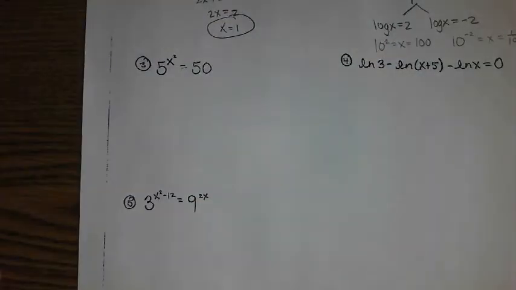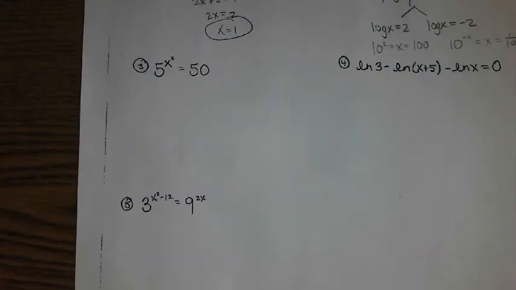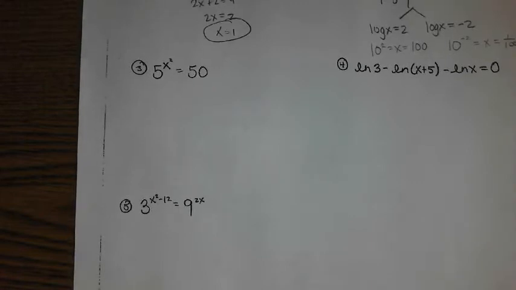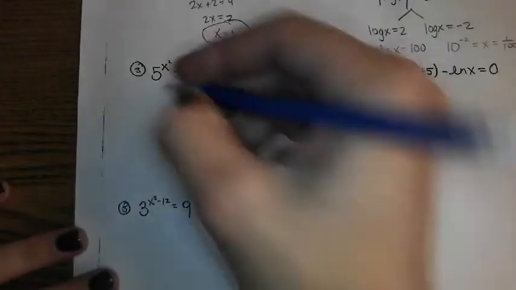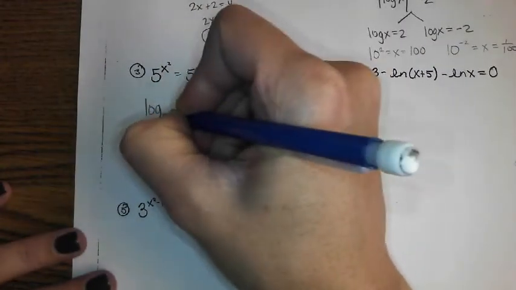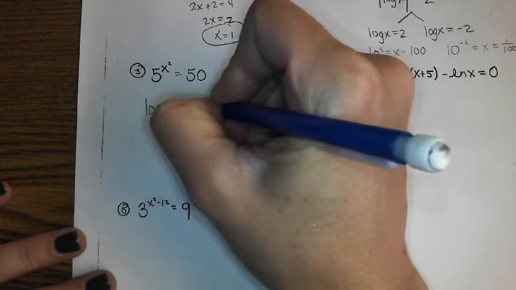Didn't you have your hand up? You could, so he's thinking turn it into log base something of something equals something.